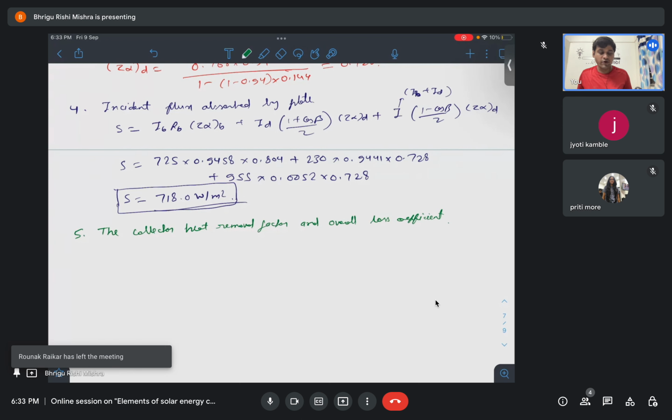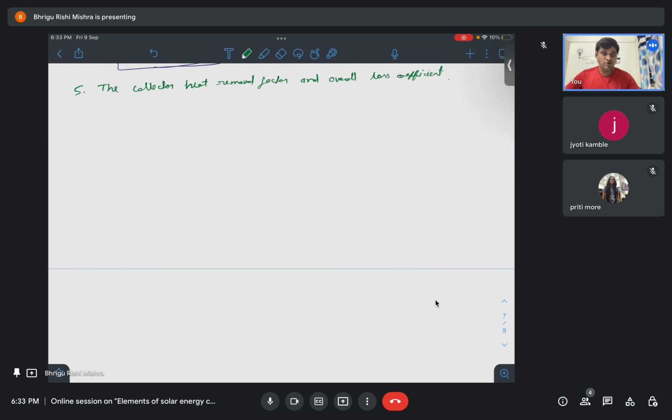Example 4.2 is given where you can check how the iteration is involved to calculate the heat removal factor. We will show you the first iteration, but we cannot go into that much detail. Okay, so an iterative procedure we have to adopt.